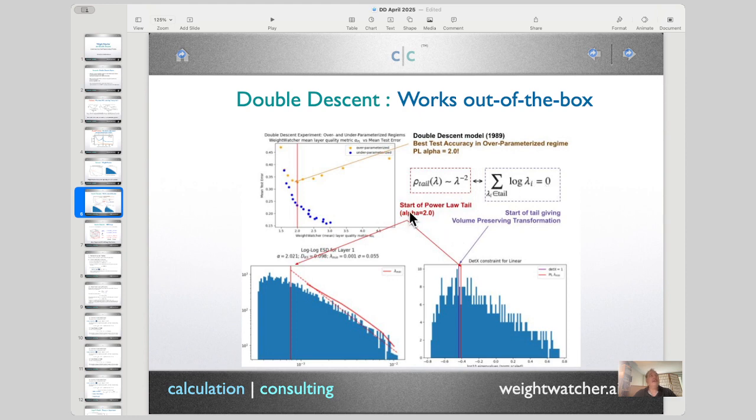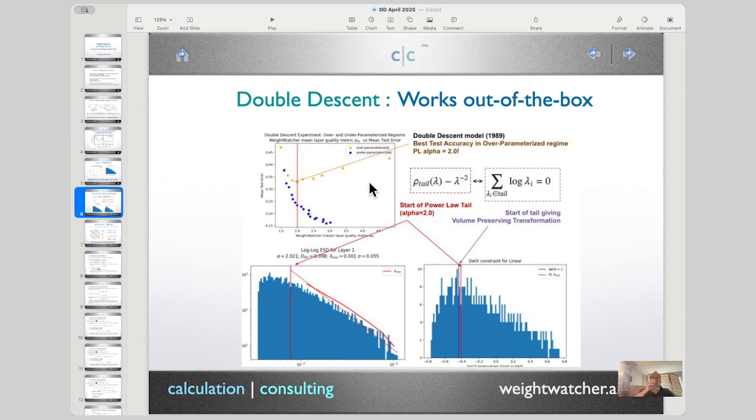So when you're in this over-parameterized regime and in the optimal part, which we call the operating part or the sweet spot, you'll see that alpha equals 2 and the det X condition holds, which is the idea that alpha equals 2 means you can plot the histogram of the eigenvalues, the spectral density, and fit it to a power law with exponent -2. Or you can take the tail of the distribution and take the sum of the log eigenvalues, and the sum of the log of the eigenvalues will go to 0 if you normalize things properly.